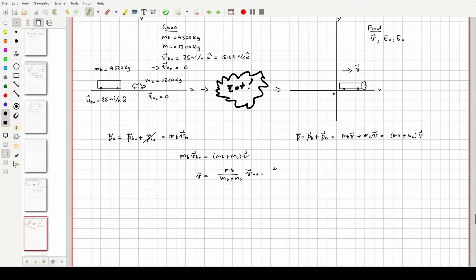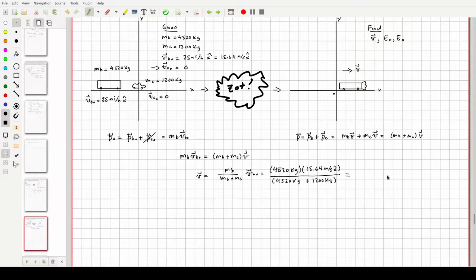That's 4,520 kilograms times 15.64 meters per second in the x-hat direction, divided by 4,520 kilograms plus 1,200 kilograms from the car.